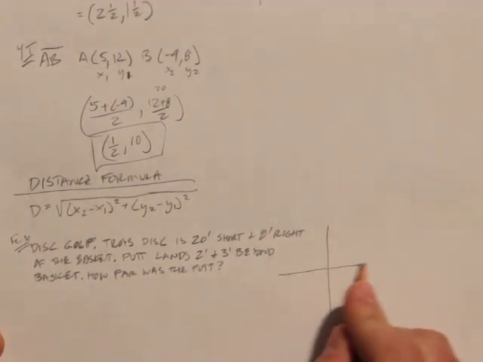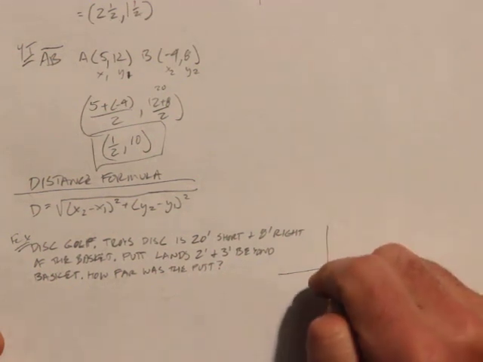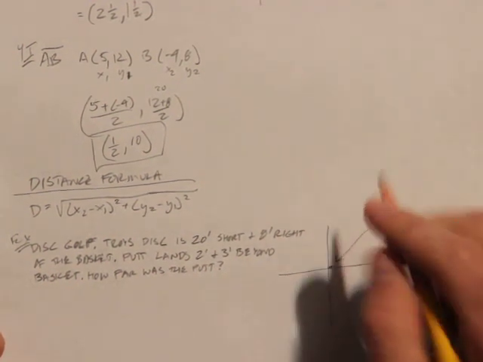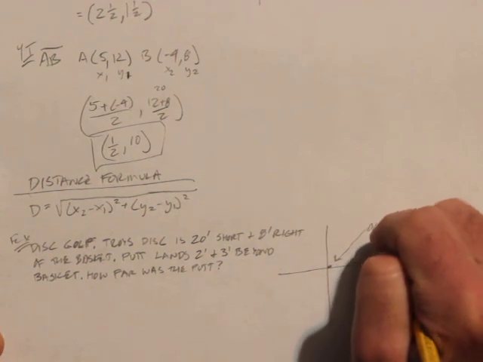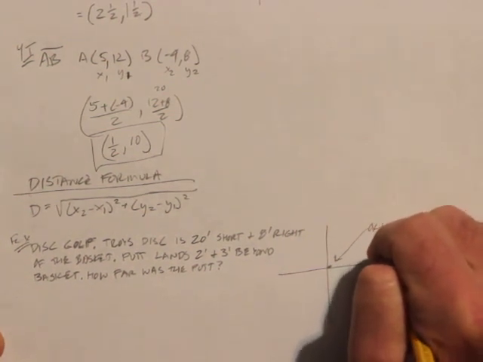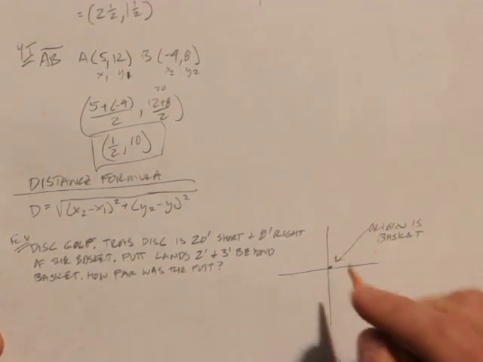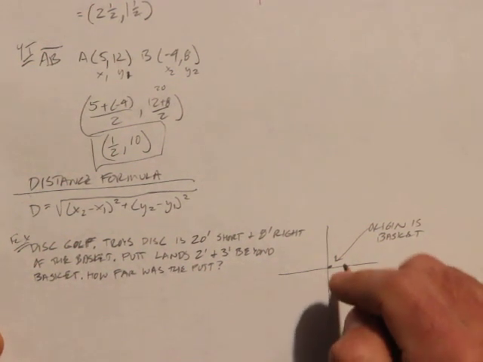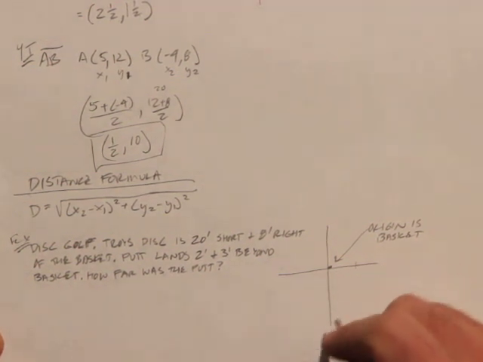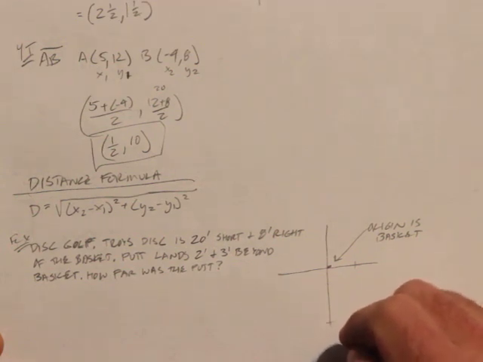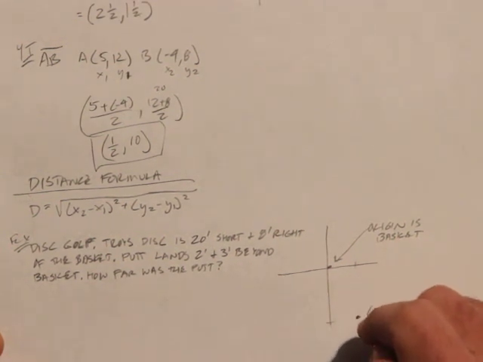So we're going to say the origin is the basket. So his first one was 8. We'll just say that's 8, and we'll just say that's negative 20 down here. 8, negative 20.